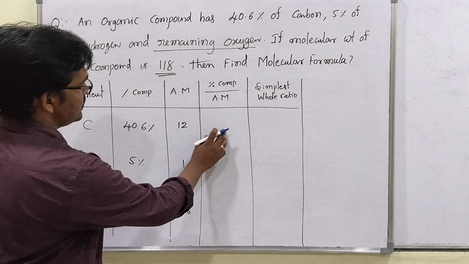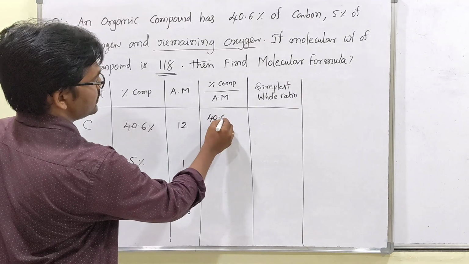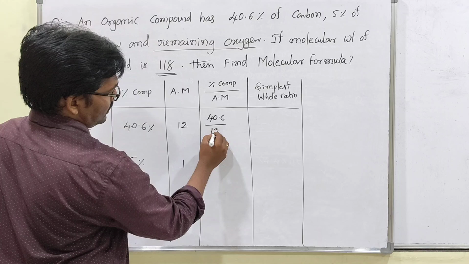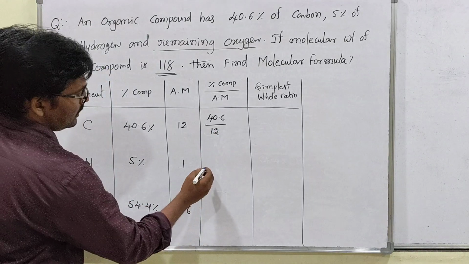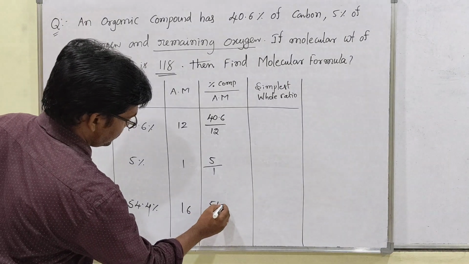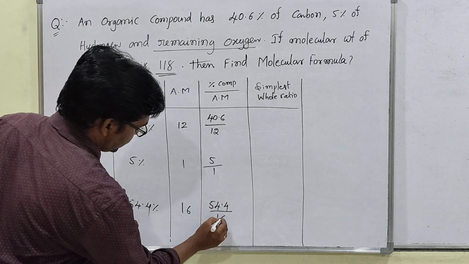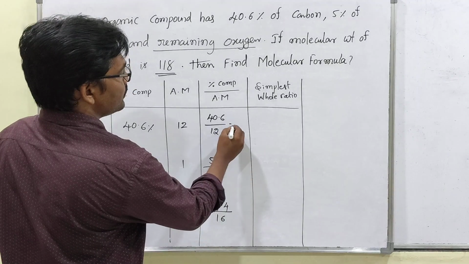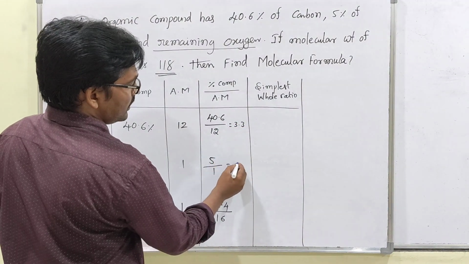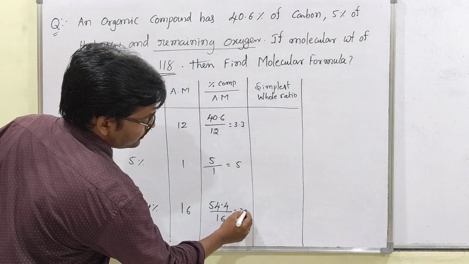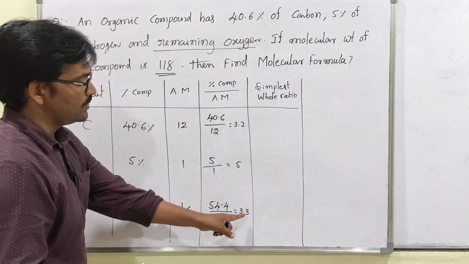Take 40.6 divided by 12, then 5 divided by 1, then 54.4 divided by 16, which is nearly 3.3. So here 5, and here approximately 3.3.